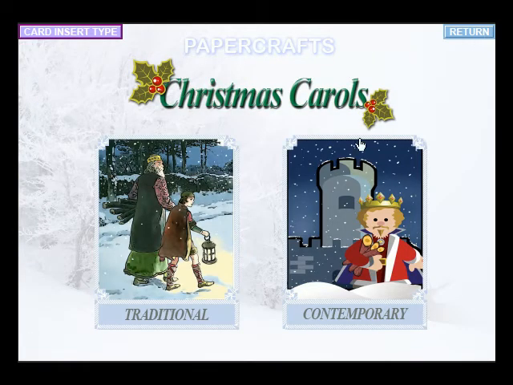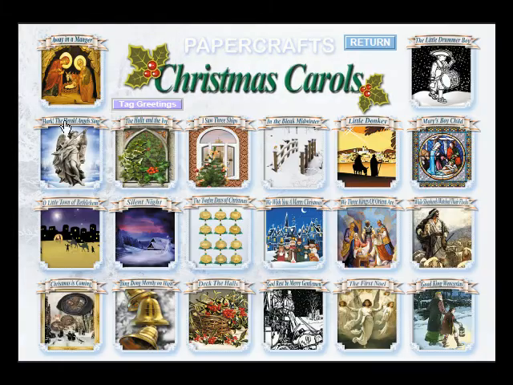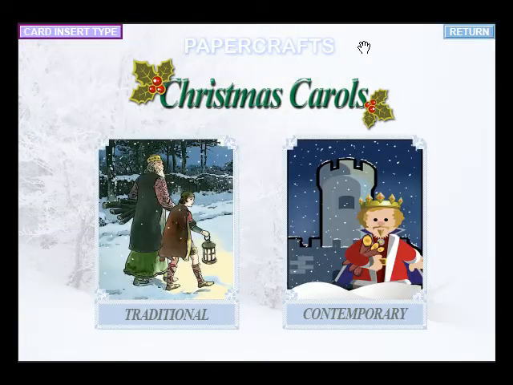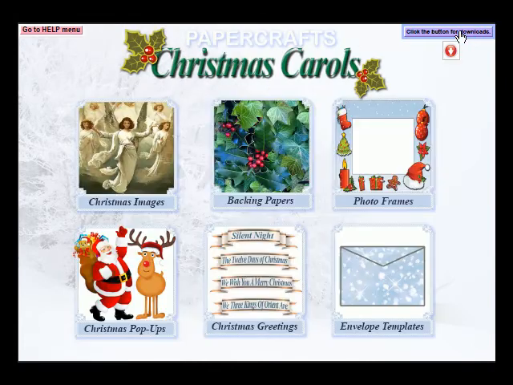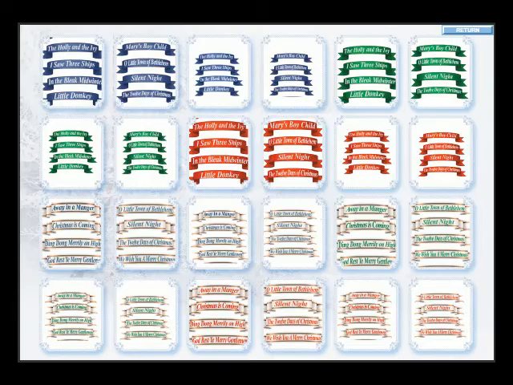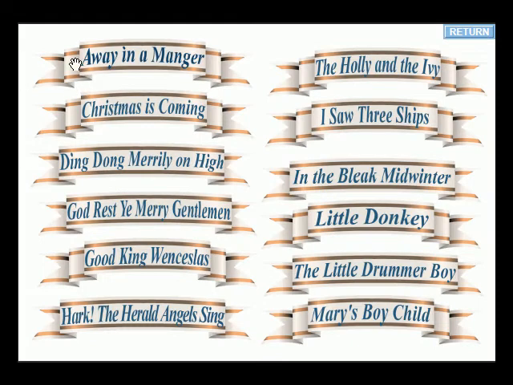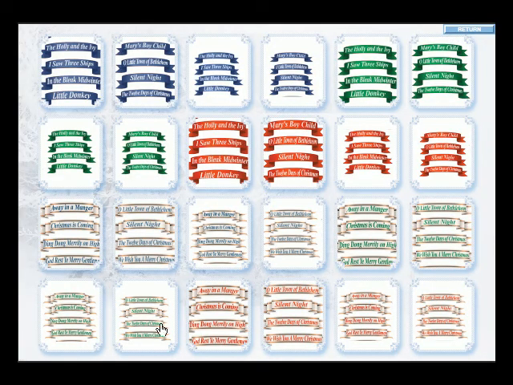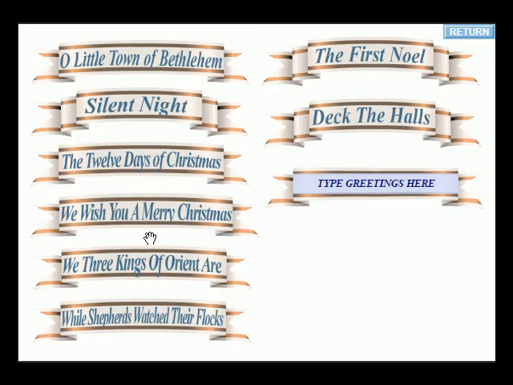Now you notice as we went on to the page here that each one had a title. Well, bear with me, I'm going to leap around here on the CD. Here are the Christmas greetings, so that you can actually print these out. And if you've done the Way in the Manger card, you can actually put this on there as well. And on these ones, but only on the gold ones, if you go to the second set, there's one where you can type your own greeting if you want to write Happy Christmas on there.